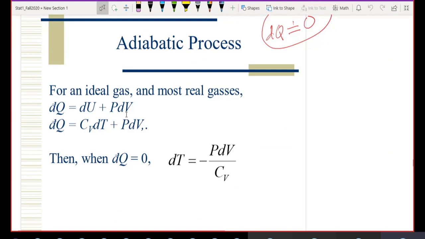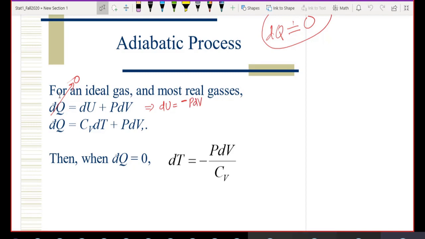If you put dQ equal to 0 in this equation, then you are left with dU equals minus P dV.